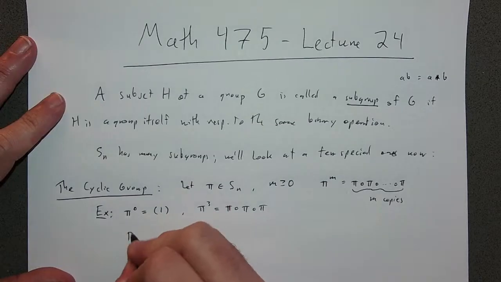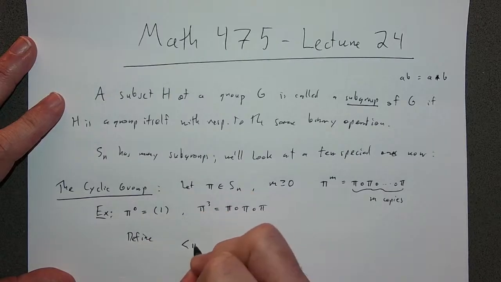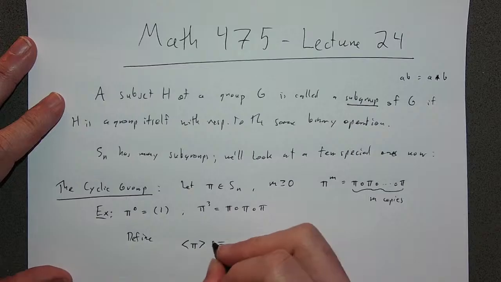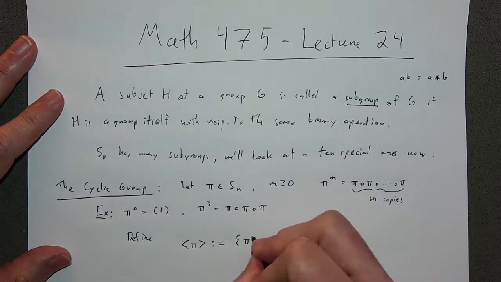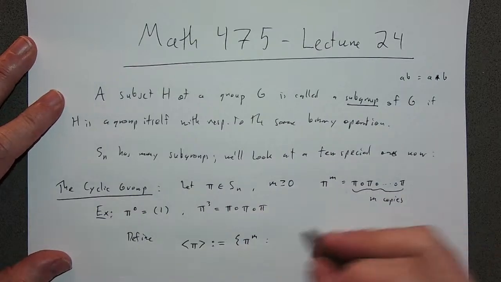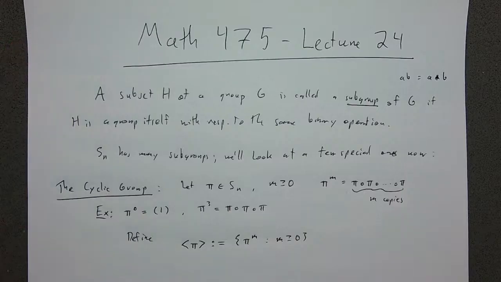Define by the symbol of these corner brackets the set of all powers of pi in this sense, where m is allowed to run over non-negative integers.